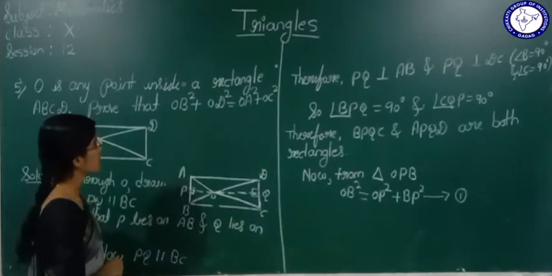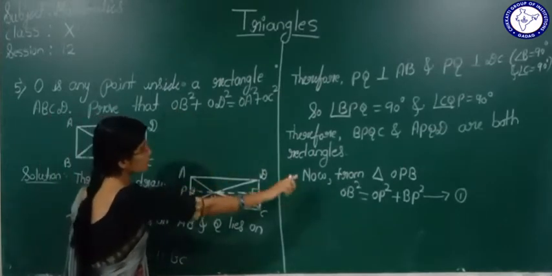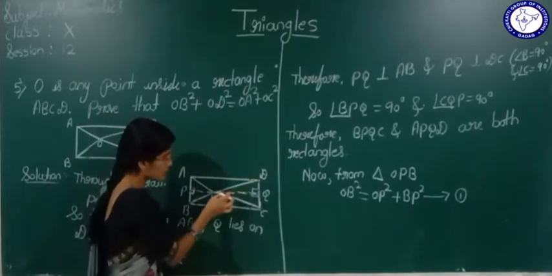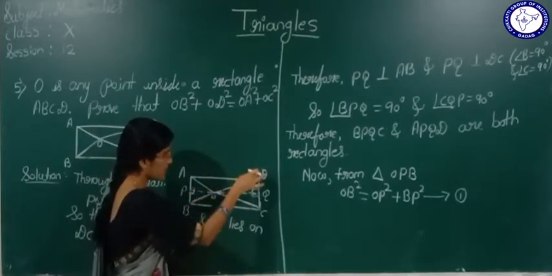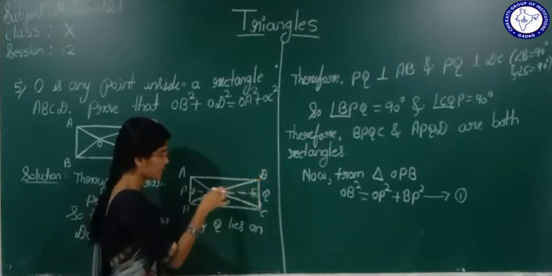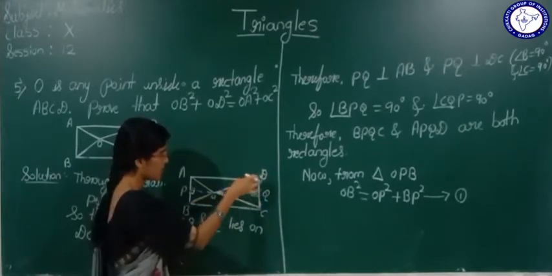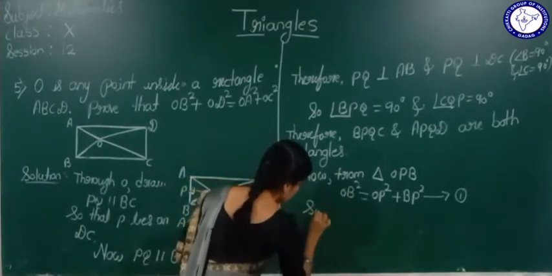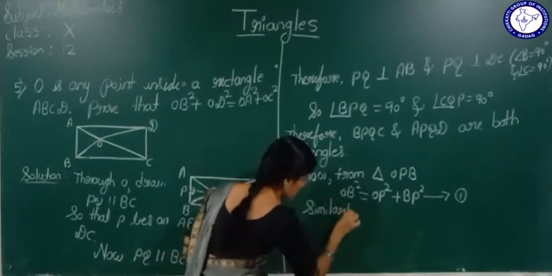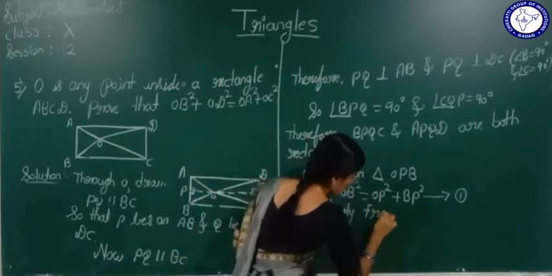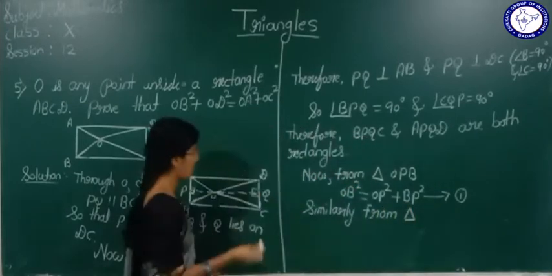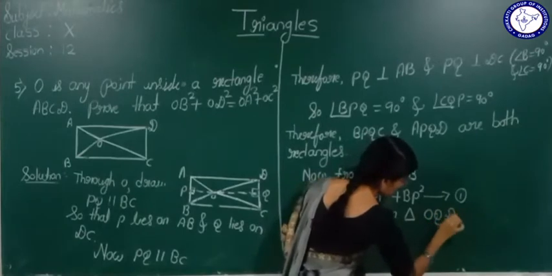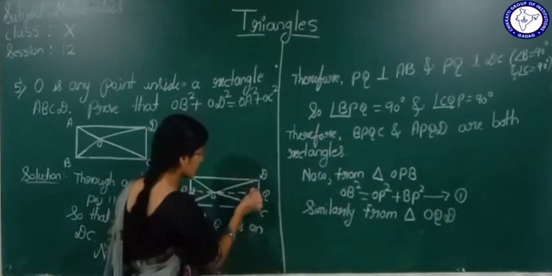Now what we want to prove? OB square plus OD square. OD will belong to triangle ODQ. What we can write? Similarly, from triangle OQD, angle Q is 90 degrees.